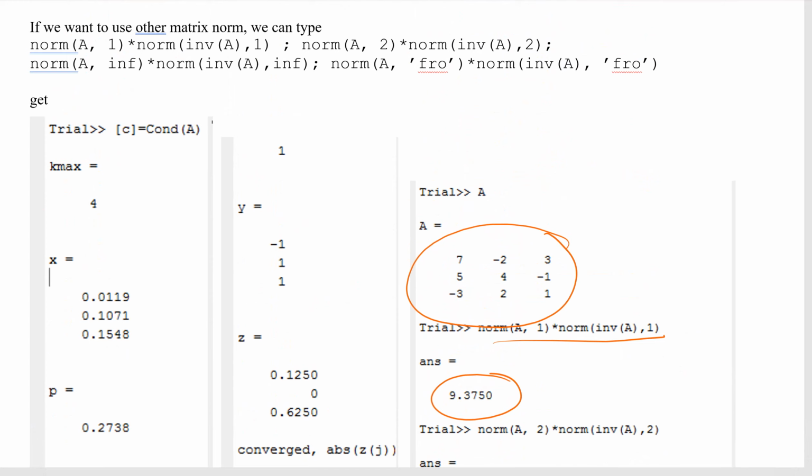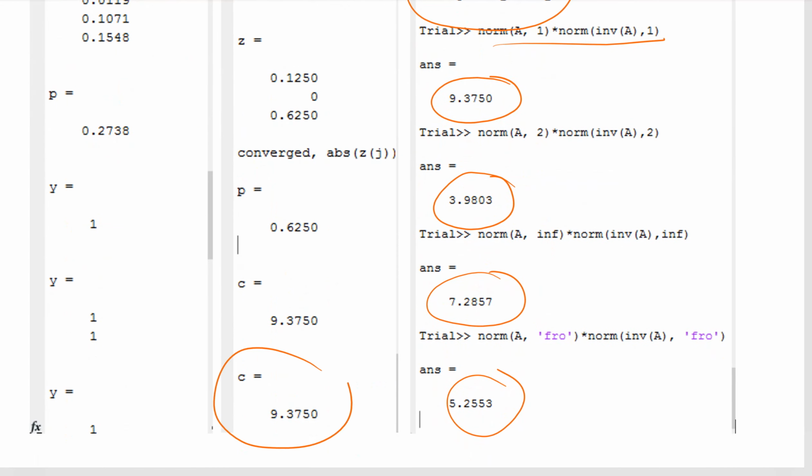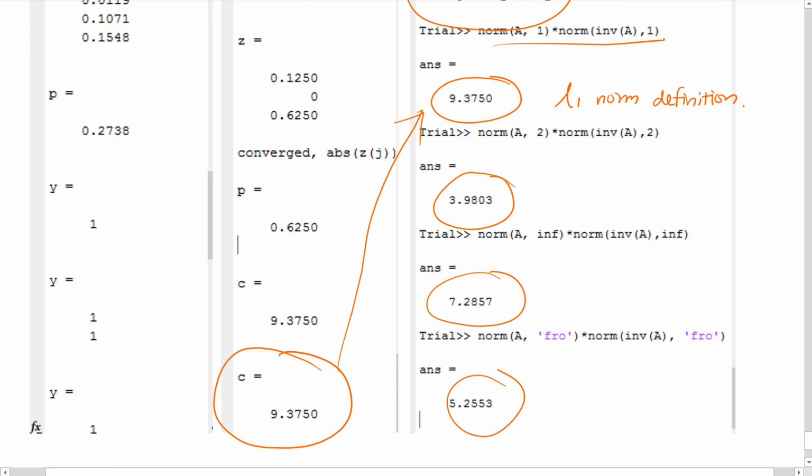Our condition number is this one, 9.3750, and that matches the L1 norm definition. That's why we usually use L1 norm to compute the condition number. So far, so good, everybody?